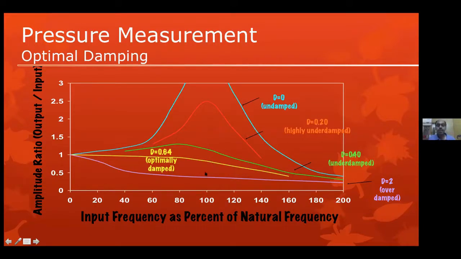Whereas when we are having a transducer in the ICU or in some other areas where the fidelity need not be very high, the natural frequency will be lower and lower. So our ability will be only to pick up a very small area of frequency response.